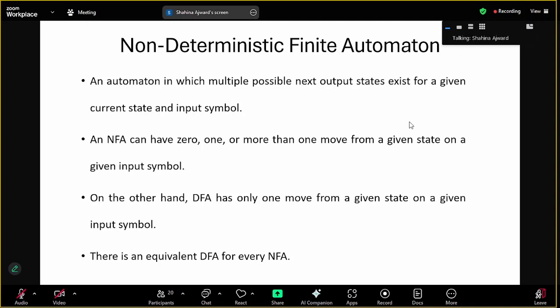So if we have the alphabet with ones and zeros, and we are designing a DFA, deterministic finite automata, we have to define for every state, right? So let's say we have three states. For each of the three states, we have to define what will happen if it receives input 1, and what will happen if it receives input 0. For each state, we have to determine what will happen if it receives this particular character.